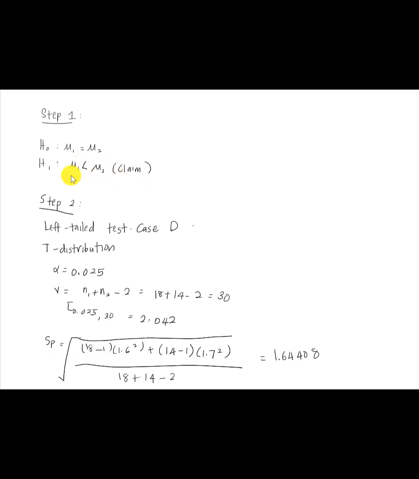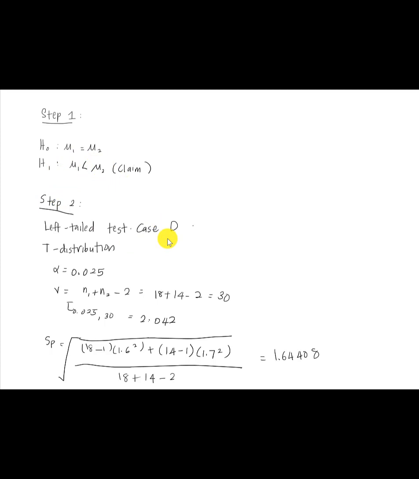That means the mean of population mu1 is less than mu2. In step 2, we know it is a left tail test because mu1 is less than mu2, so it is from case B.